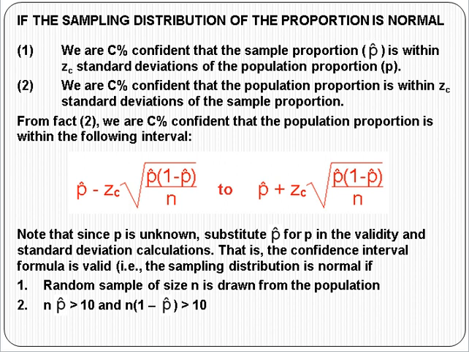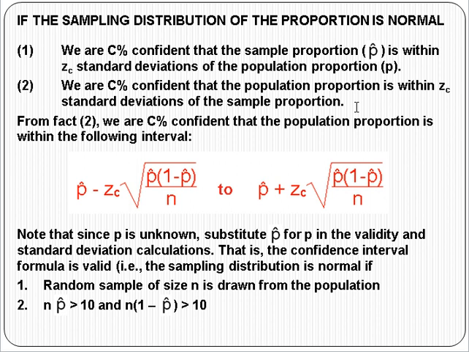Similarly, we are C% confident that the population proportion is within z sub c standard deviations of the sample proportion. Together, 1 and 2 are really like the old analogy: if I am 6 feet from you, then you are 6 feet from me. If there's a 95% chance that the sample proportion is so many standard deviations from the population proportion, then there's also a 95% chance that the population proportion is within that same number of standard deviations of the sample proportion.